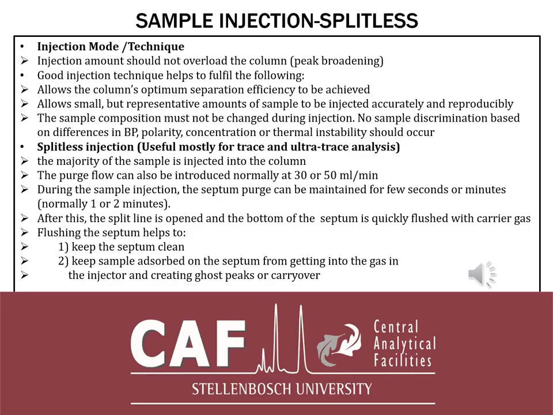Flushing the septa with the carrier gas helps to clean the septa, and also keeps sample that would be absorbed on the bottom of the septa from getting into the GCMS through the injector and creating ghost peaks.